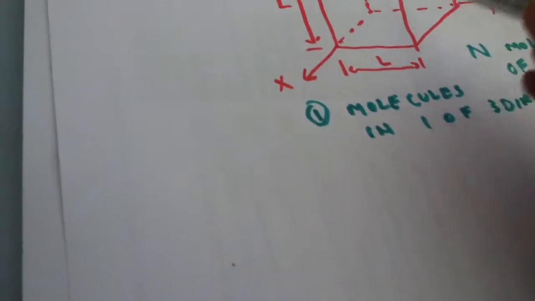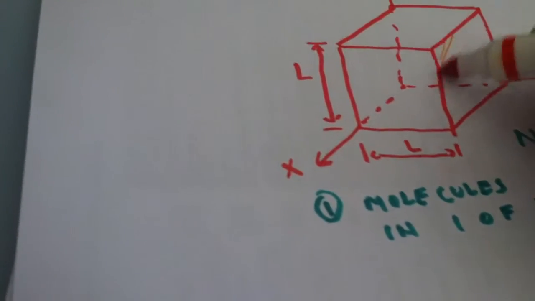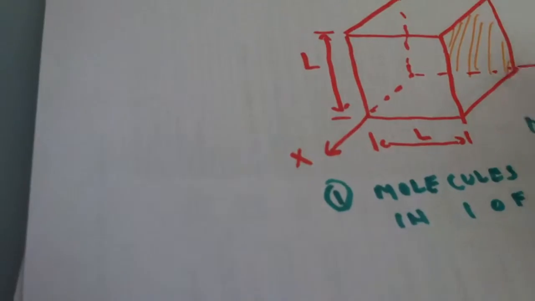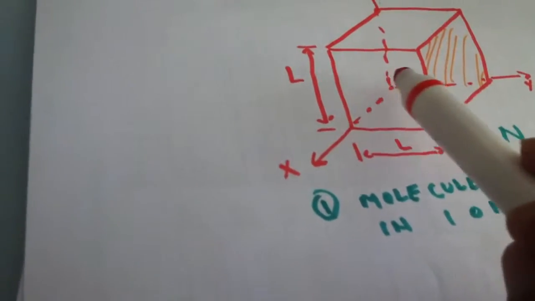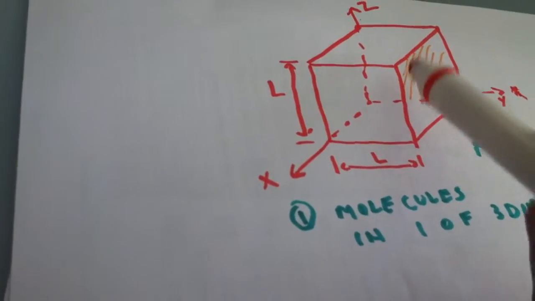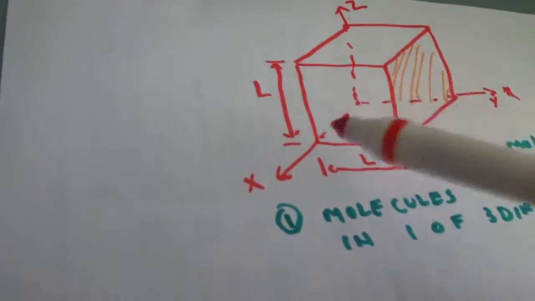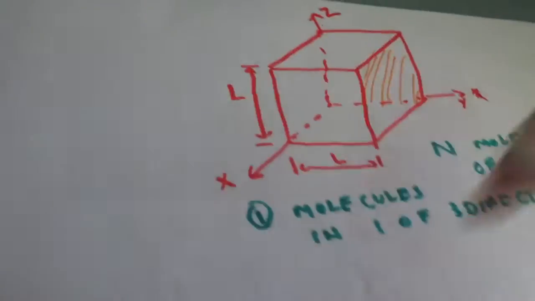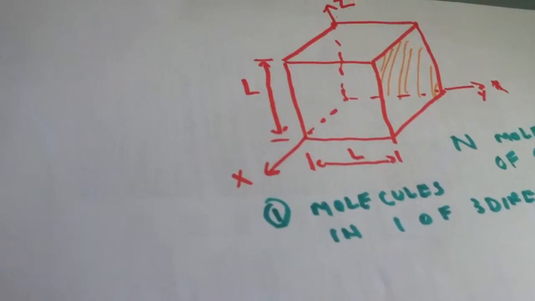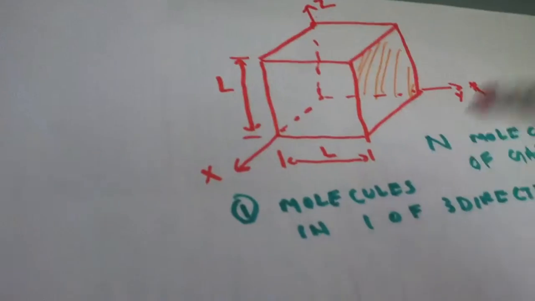And so in other words, if you look at the right vertical face of the cube, which I will try and shade over here, then what that means is that it's only the molecules which are moving in the y direction that would have any effect on the pressure exerted on the right vertical face, because the other two directions are moving parallel to this face, and they are not going to actually rebound off this wall and exert any kind of pressure on it.